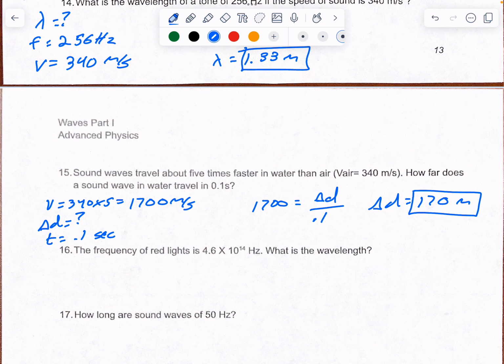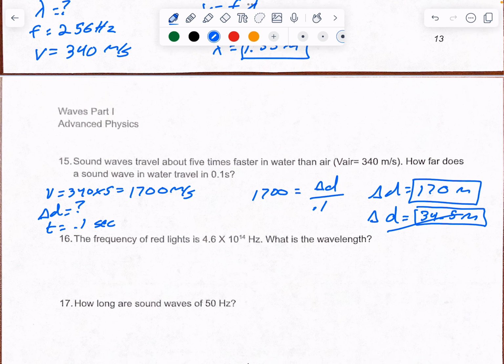And that'd be your answer. Now, I calculated how far it would go in the air as well. If you did it in the air, it'd be 5 times less, so it would only go, what I got, 34.5 meters in air. It's kind of crazy how far and fast it can travel in water versus air. You don't need to give me this, I was just showing you the difference.